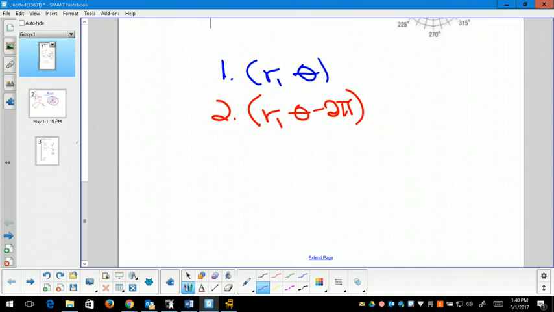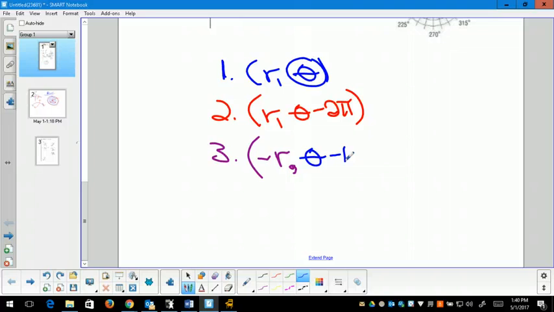And then the third way to write your point would be to express the radius as a negative value. But again, taking this original angle, you could subtract 180 or subtract pi units from it, since they're 180 degrees or pi units away in terms of the angle when you have it negative versus positive.